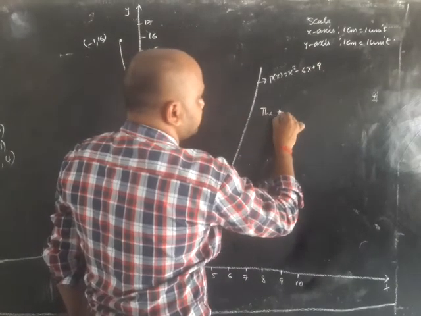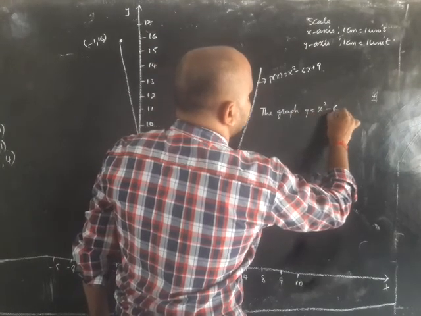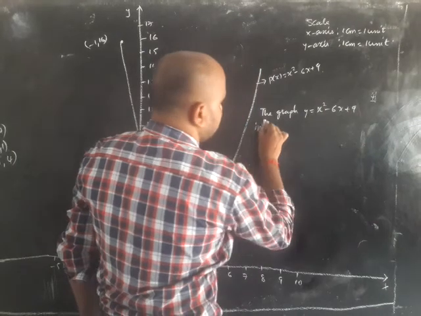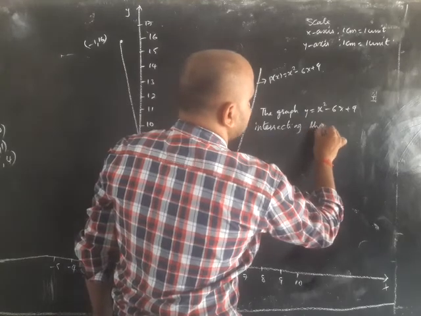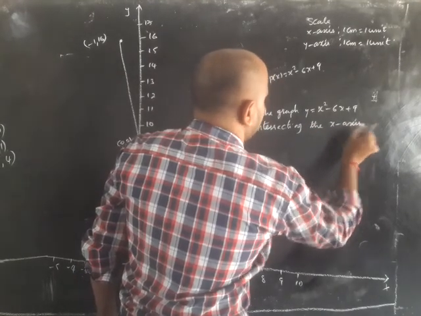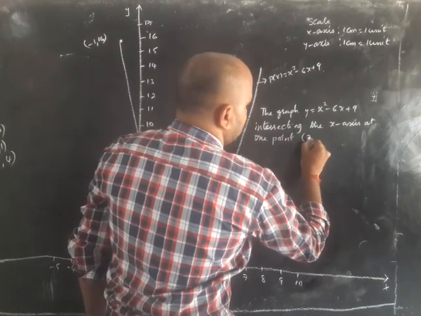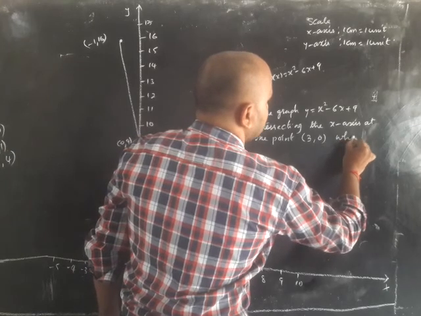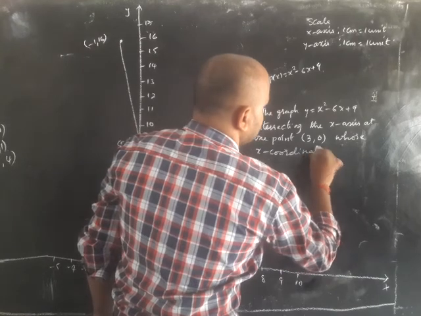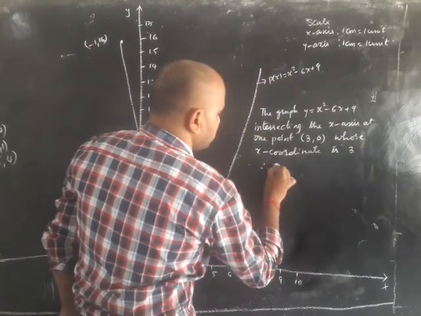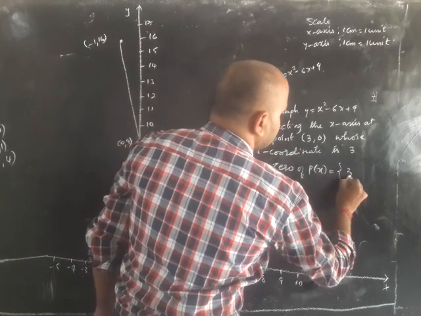The graph y is equal to x square minus 6x plus 9 intersecting the x-axis at one point, 3 comma 0, whose x coordinate is 3, therefore zero of p of x is equal to 3.